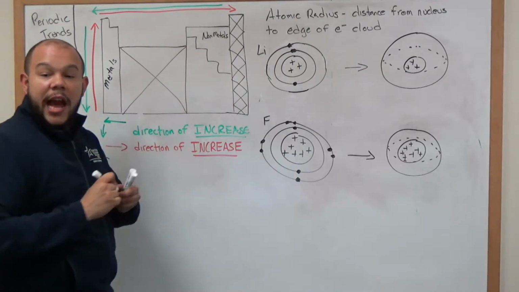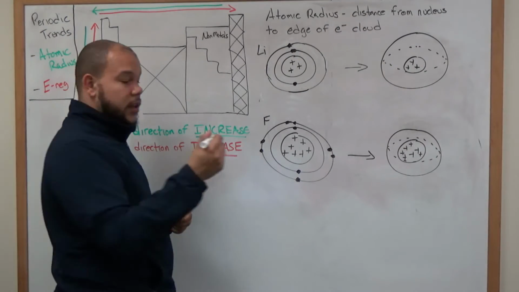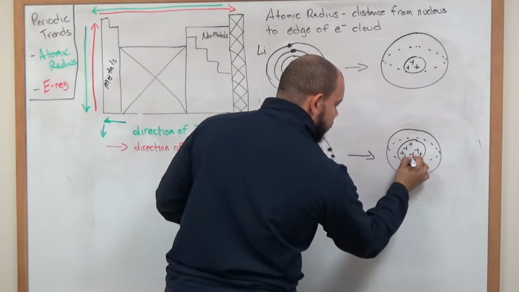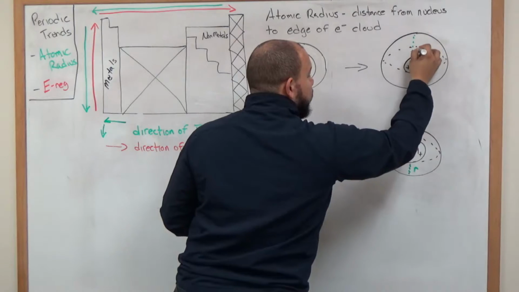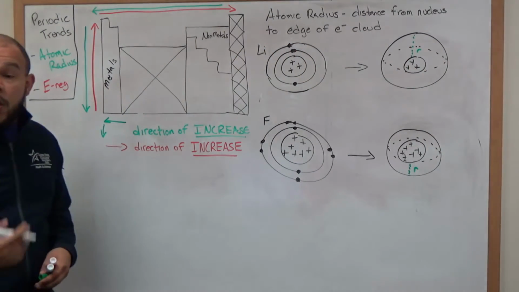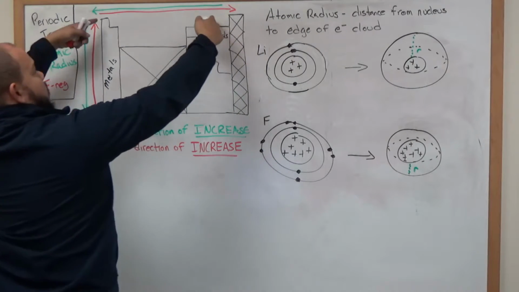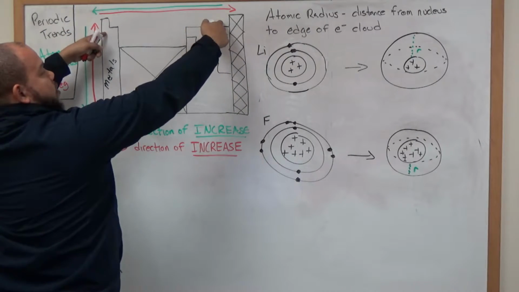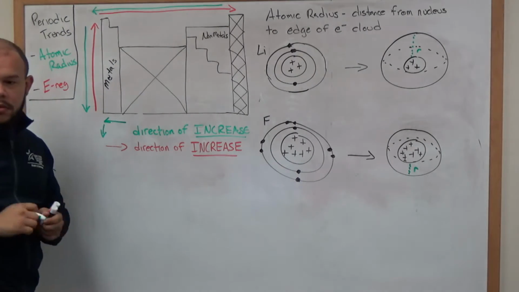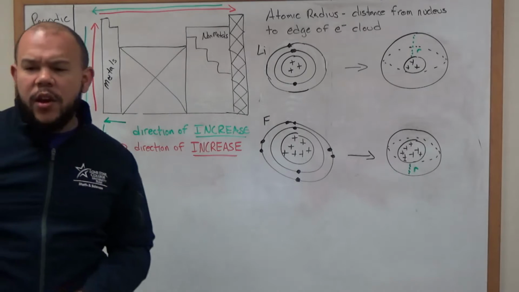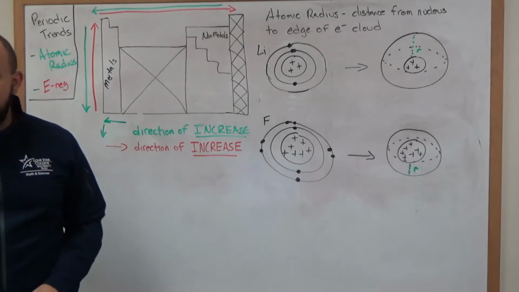We have actually a larger atomic radius for lithium because of fewer protons. So this radius is much smaller than this one. So the increase occurs as we go from fluorine, which is here, to lithium, which is here. Increase to the left, increase going down. So that is the trend and the why for atomic radius.